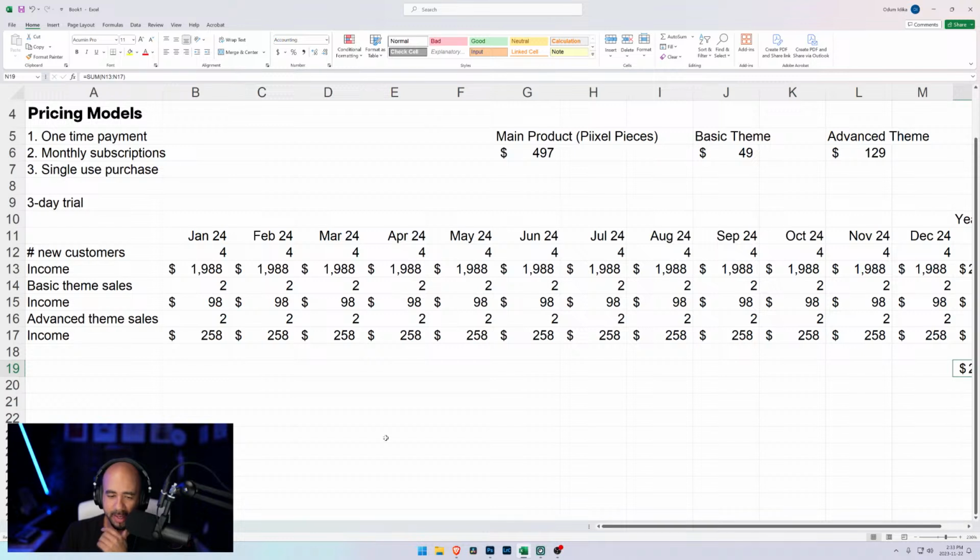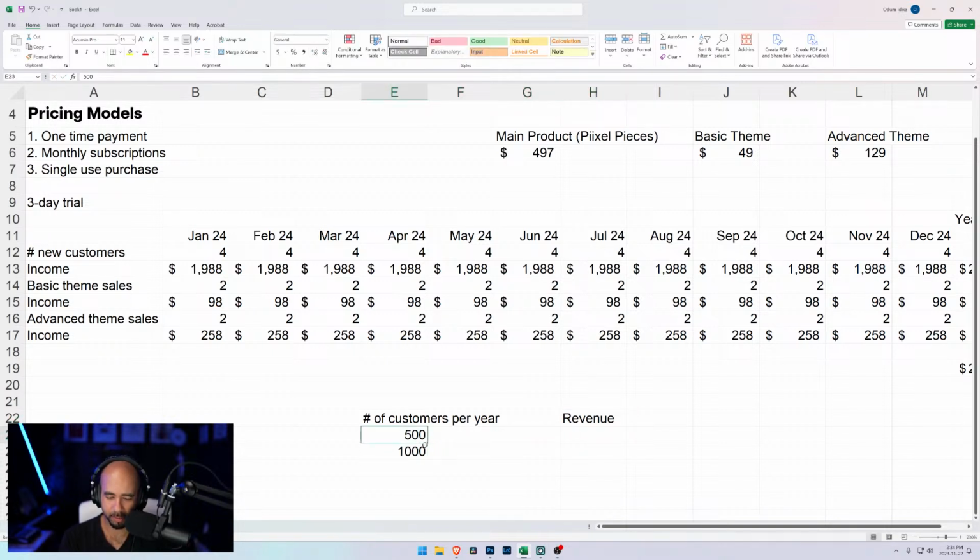And then in that case, let's just say number of customers per year. So let's just throw in some numbers here. And then what revenue does that generate?